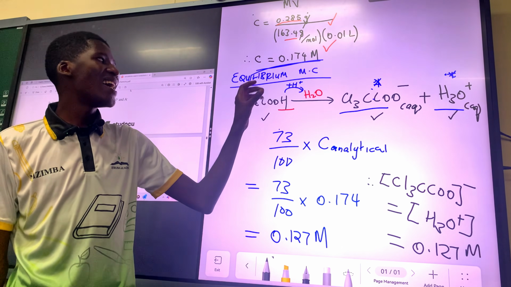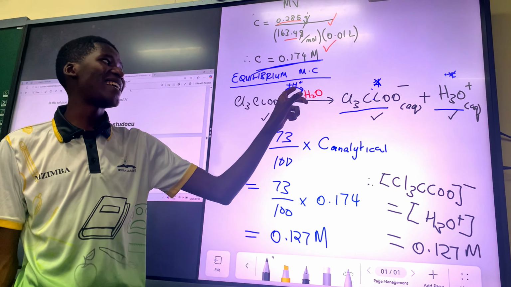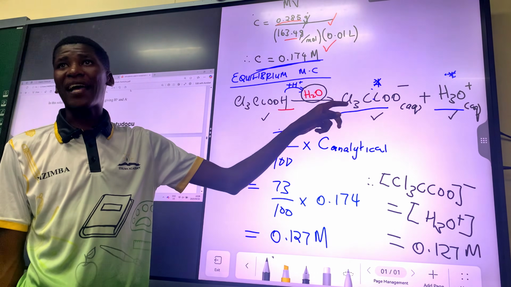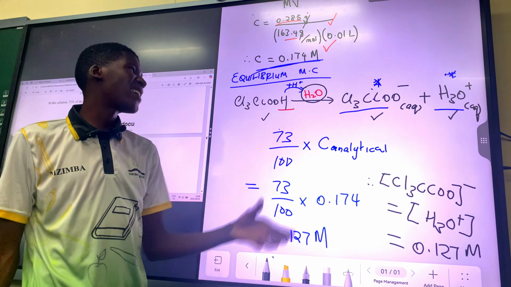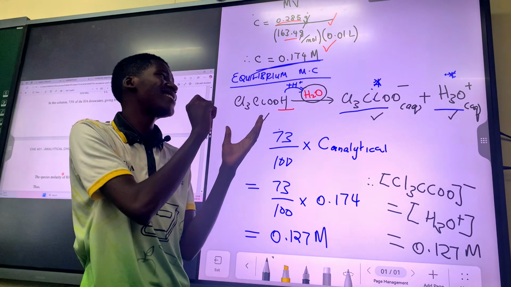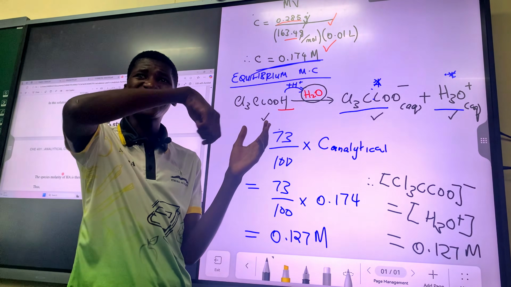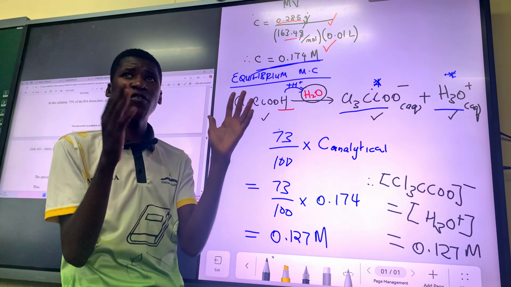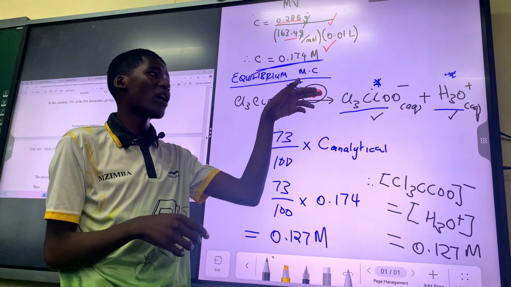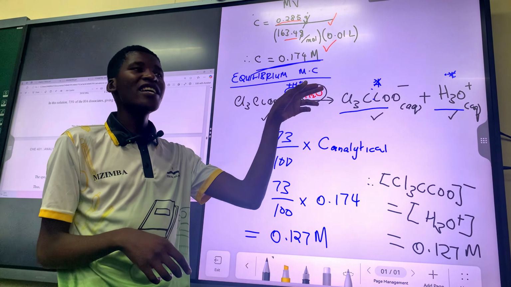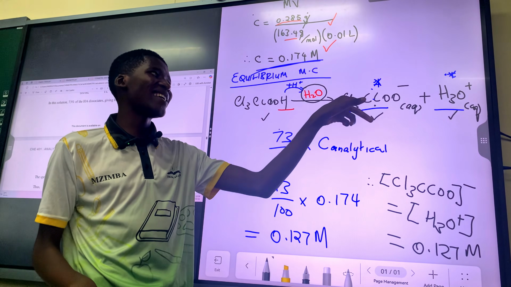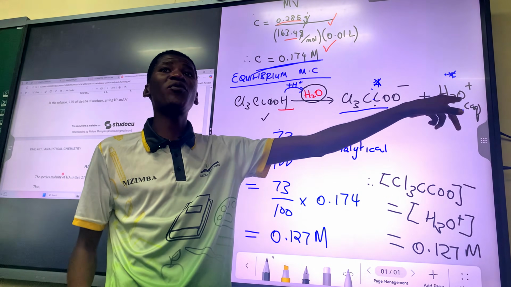Let's just say, for example, in a solution it's not only one trichloroacetic acid, there are many of them. So let's say you donate one proton. It means you will create one Cl3CCOO minus and one H3O plus.